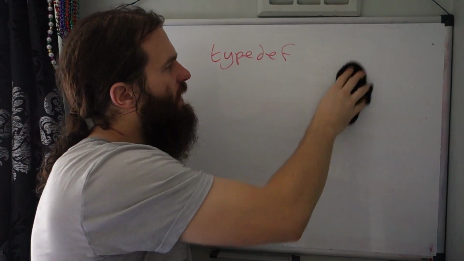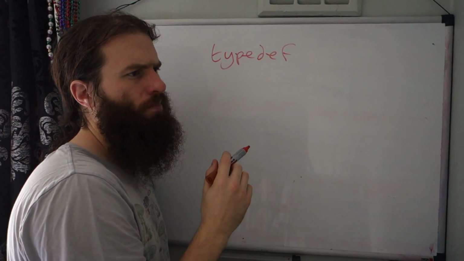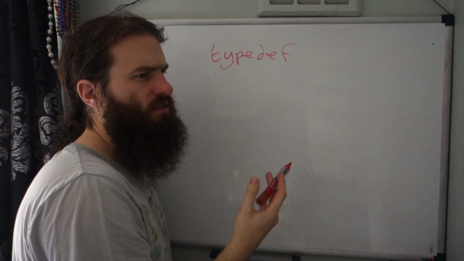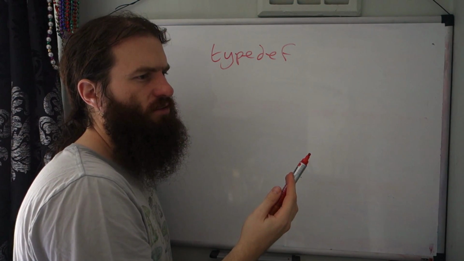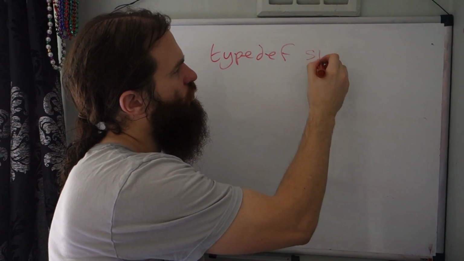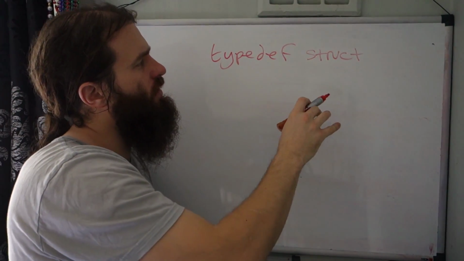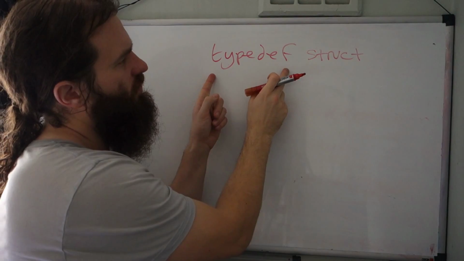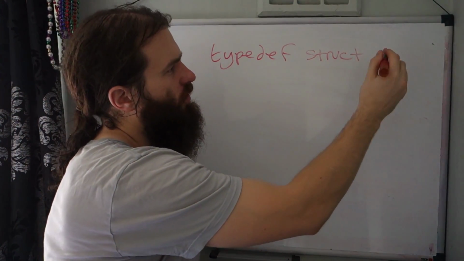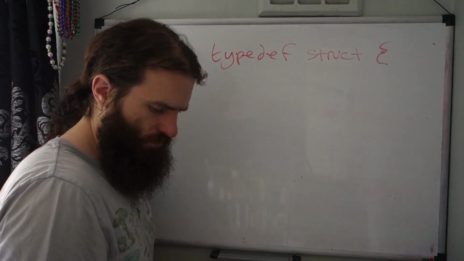So what we would do in the case of a structure, instead of writing the name of our struct and then the structure declaration, is write typedef struct, and then we don't actually provide any name at this point. If you think about it, the first argument is the operator typedef, and the second argument is the struct keyword and then our actual struct.